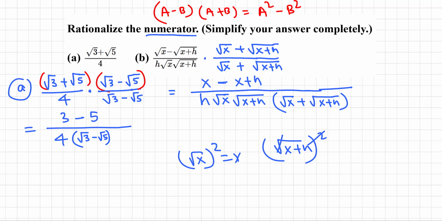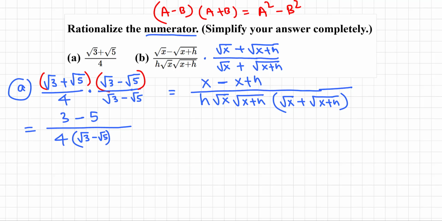But because of this minus, we must put parentheses around it. I will just distribute that negative sign so that we can skip one step. This minus makes this plus also minus: x, minus x, minus h.